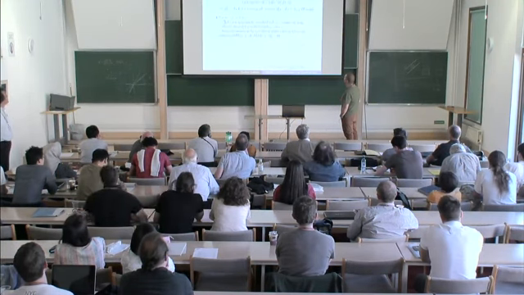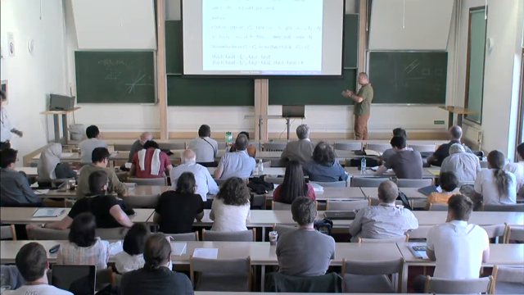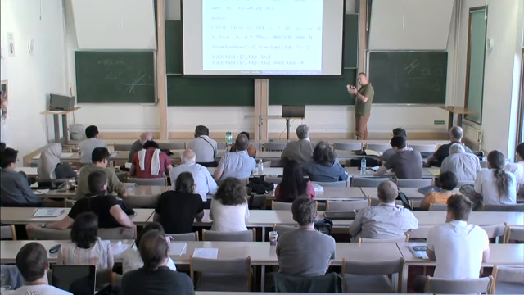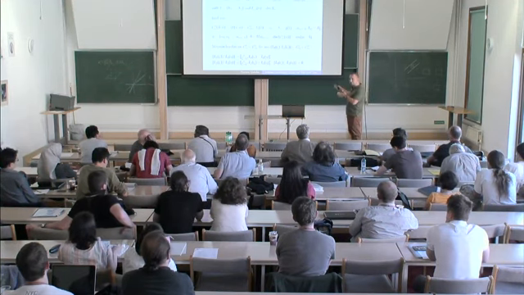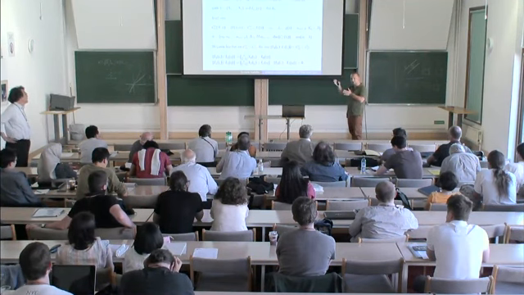We have extended the Sklyanin bracket in this way to the Cartesian product, in the natural way. So it is 0 between L1 and L2. And in this way also in the big square, in each x we have the Sklyanin bracket, and in each y we have the Sklyanin bracket, and between x and y we have 0.